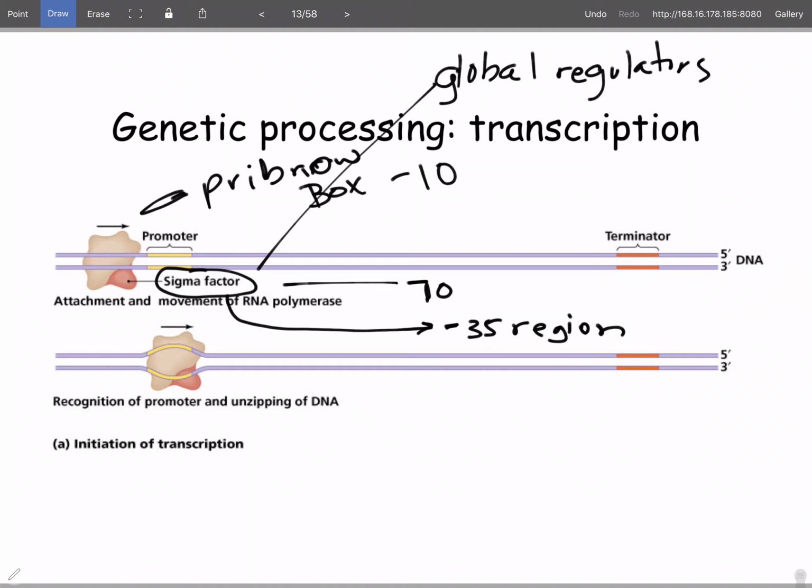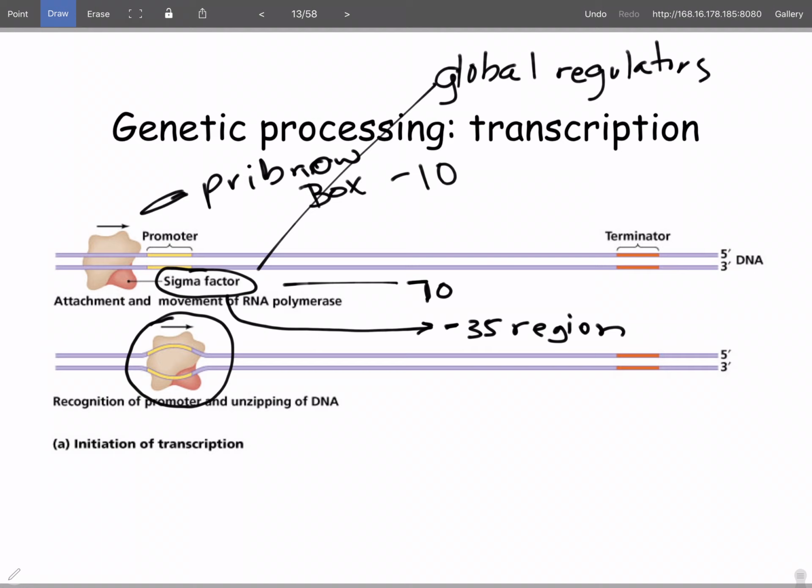The RNA polymerase can then interact with the minus 10 region, and if everything's good, right, there's nothing blocking that promoter like an operator, a bound operator sequence, right? Then RNA polymerase can proceed, and like I said, it's got helicase activity, so it can unwind the DNA and start moving along the length of it.